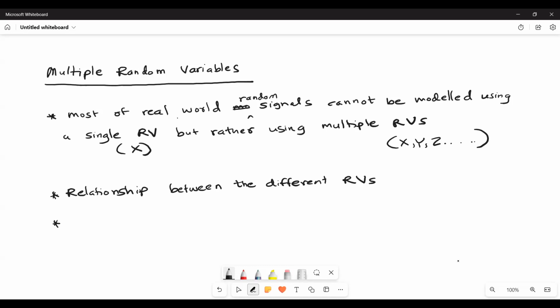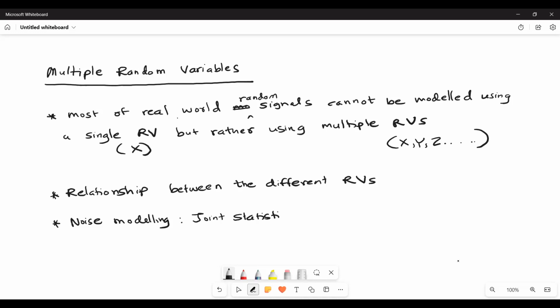We can also do activities such as noise cancelling and noise modeling once we can find the joint statistics of the multiple random variables.